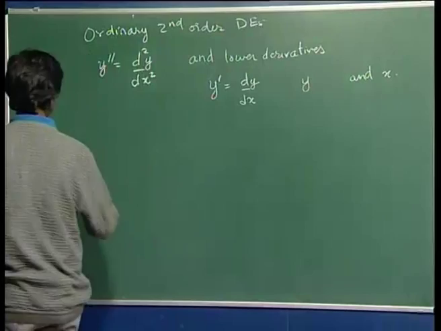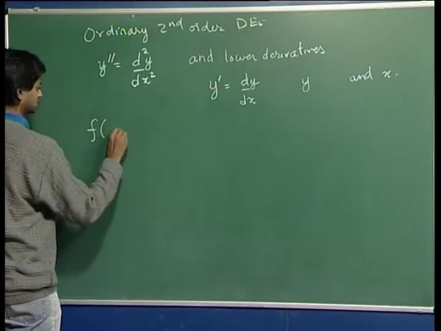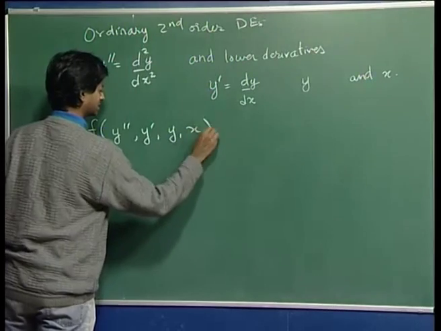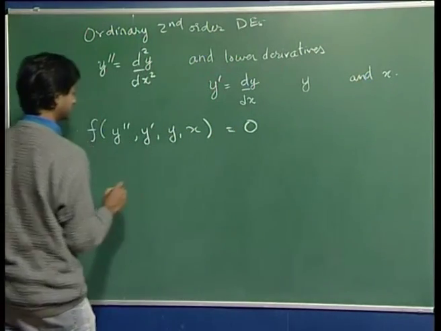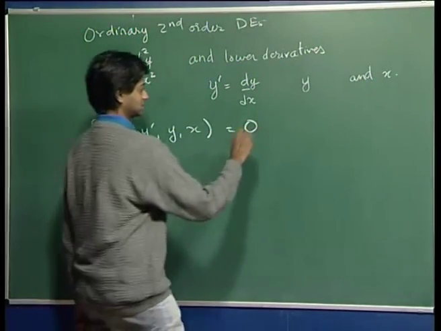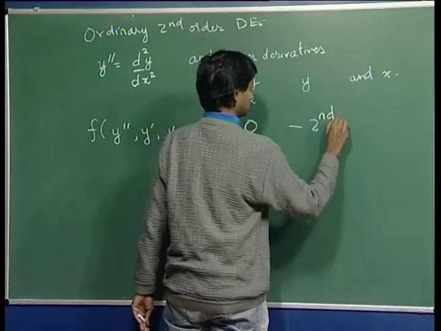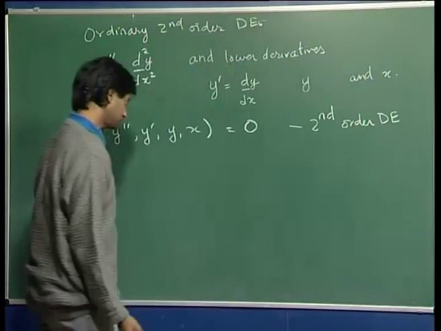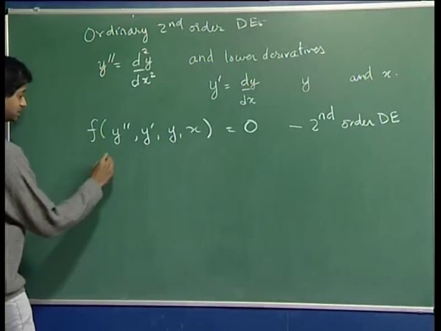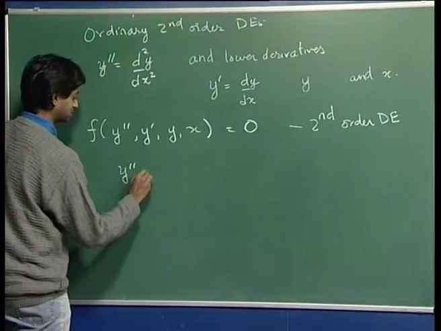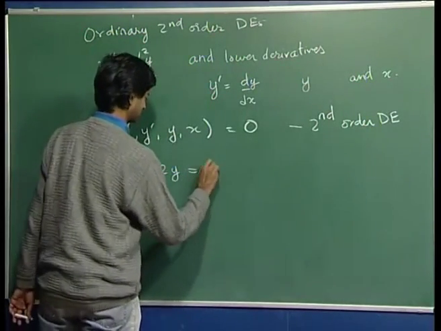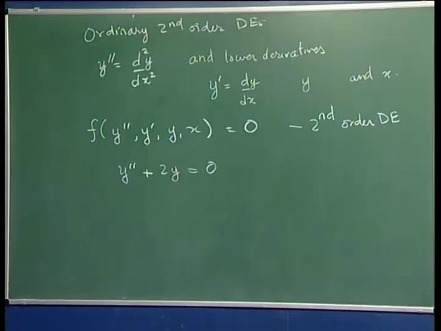So you can write it as some function of y double prime, y prime, y, x equal to 0. So this is a second order differential equation. For example, you can have y double prime plus 2y equal to 0. This is an example of a differential equation.